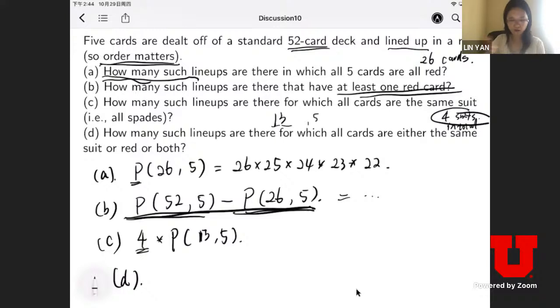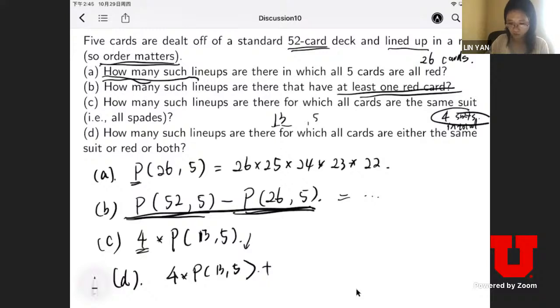So the final answer should be: this is what we already have, the number of lineups in the same suit.